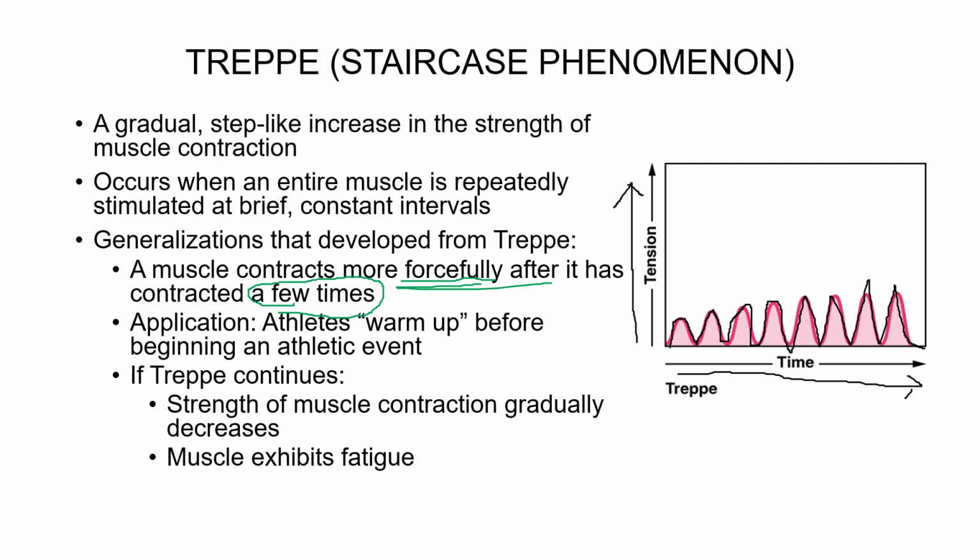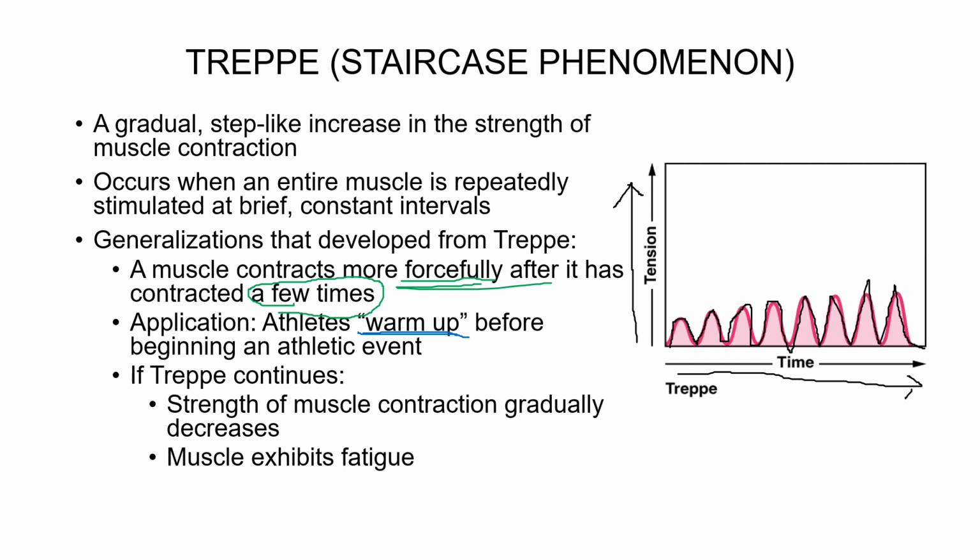And this is the whole application behind why athletes do a pregame. Why do they start jogging and moving and shooting hoops or whatever sport they're playing? Why do they warm up before the event? Well, one, it's to get the blood flow going so they don't pull anything, right? It's to get their bodies somewhat warm and ready for action. But from a muscular standpoint, it's this.